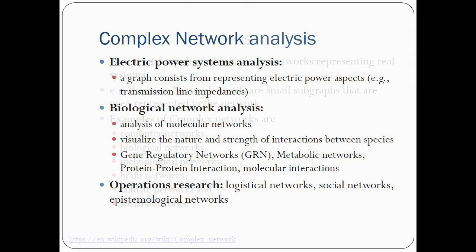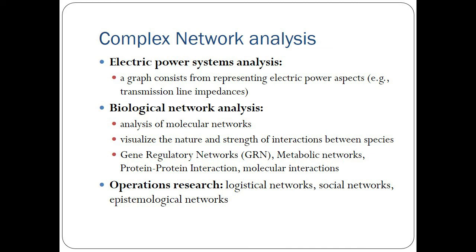Then next, electric power system analysis. Electrical domain persons are required for this type of analysis, where you plot a graph representing the electric power aspect, where various edges and vertices could be represented as transmission line impedance. Then you have biological network analysis, in which you analyze molecular networks and try to visualize the nature and strength of the interaction between the various species.